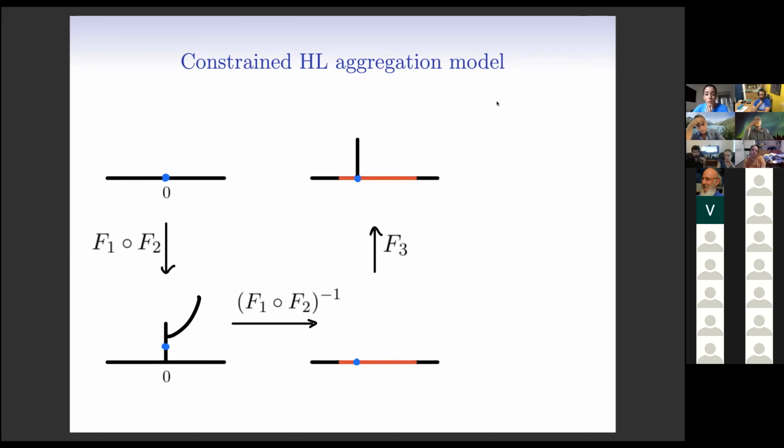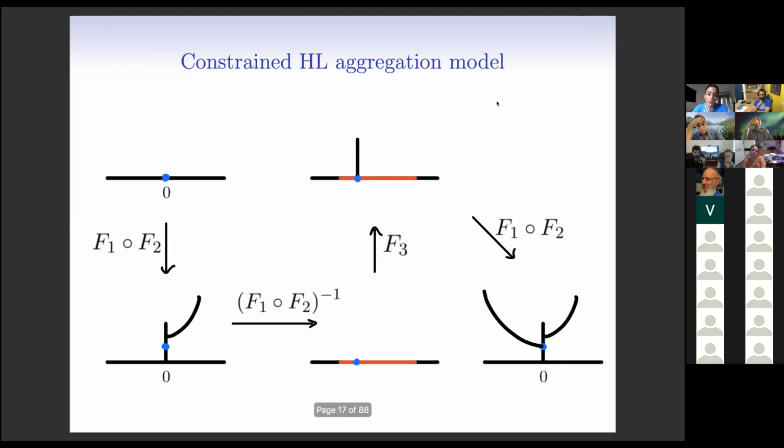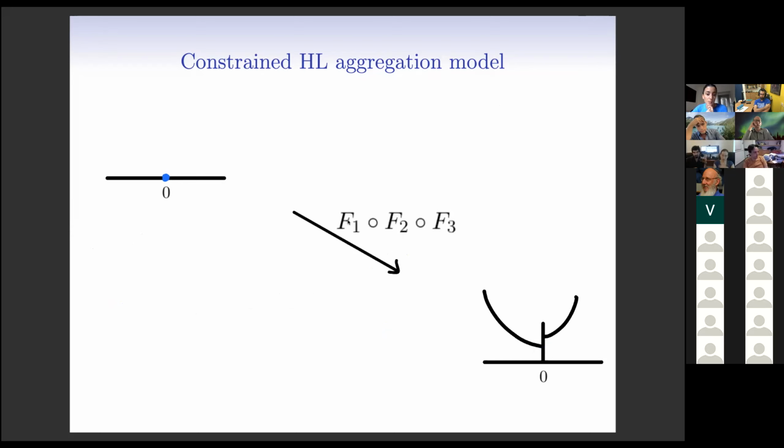And now we have to remember that we had already attached two particles, so we grow them back by applying F1 composed F2. And what this does is it takes the third slit and deforms it into this curved particle. So if you compose things together, you realize that you've just applied F1 composed F2 composed F3.